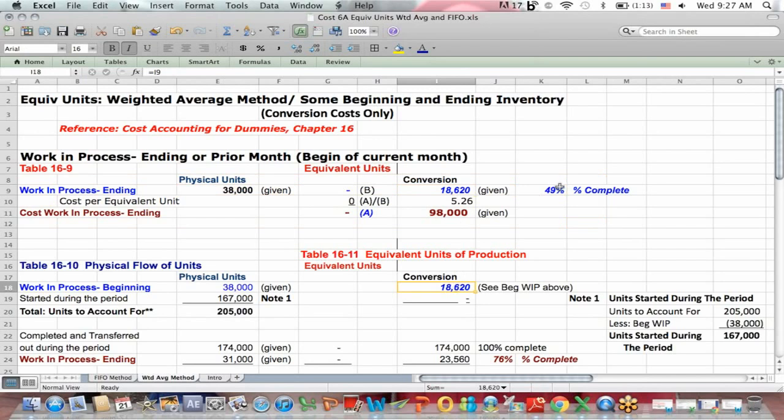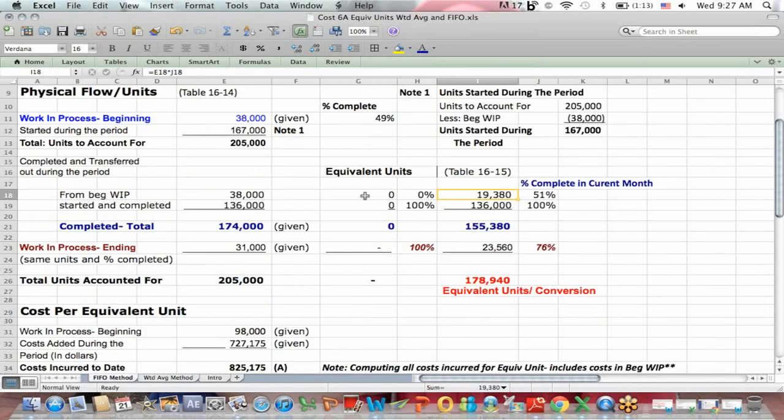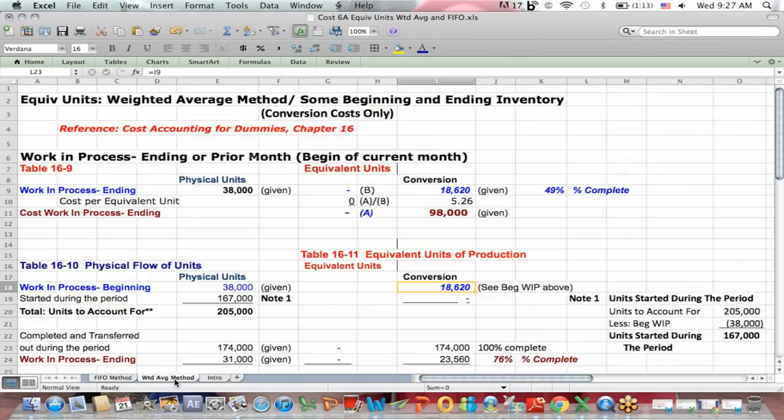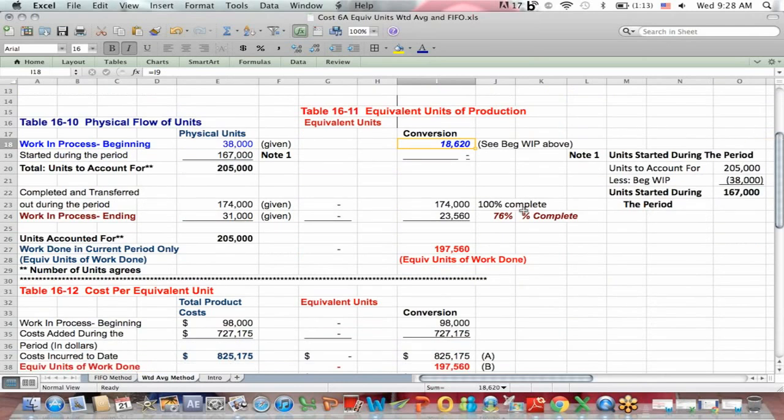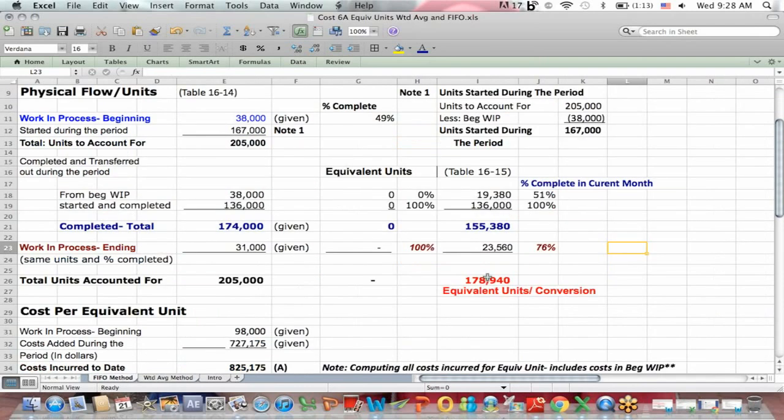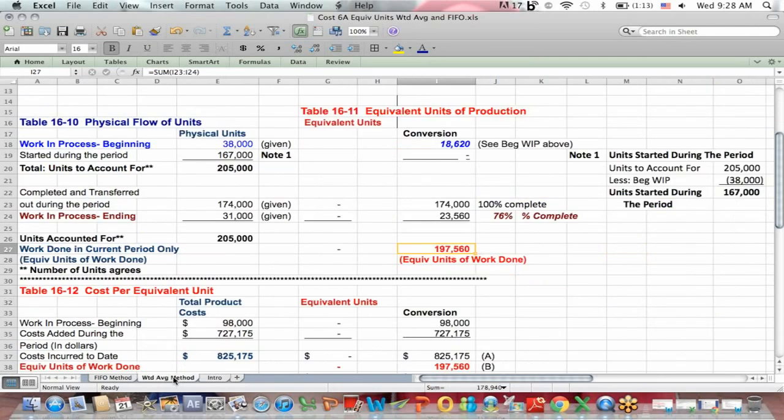Using the 49%, we plug it in down here. This example, we use the 51% completed during the period. In weighted average, we use the 49% and plug it in down here. Everything else is the same, but we see we get an equivalent units of production using weighted average slightly different. This is 197,560; before we got a slightly lower number. Other than that, the process is the same.